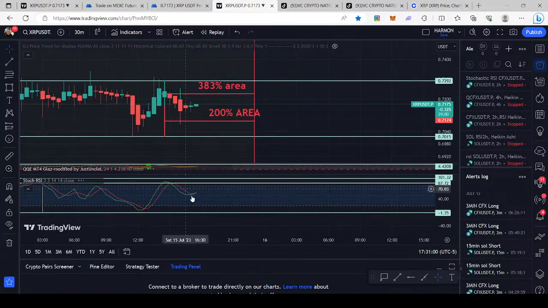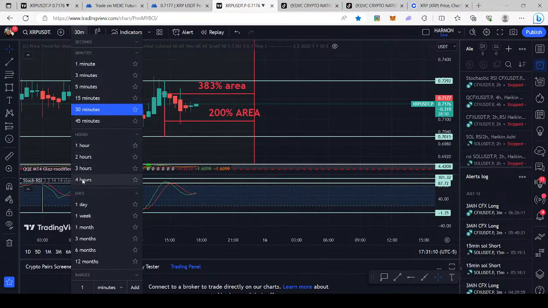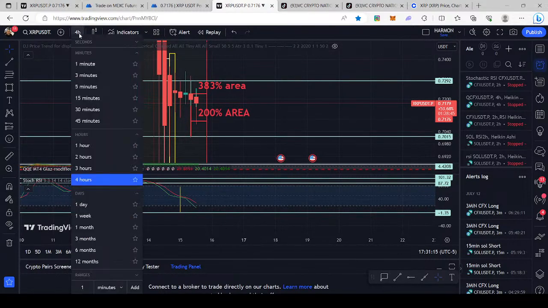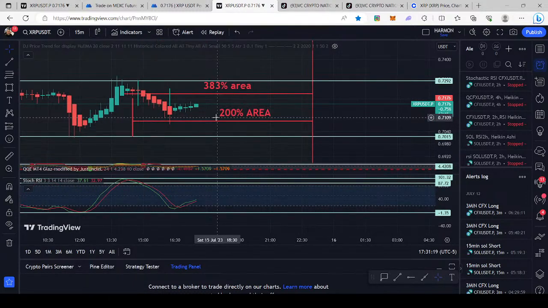And the 30 minute, when it gets to the top, wherever it gets to, then I would hit that area and I would short this down. So I would be looking to take one last short here, because the 4 hour is still bearish. Okay, the 4 hour RSI is still bearish. So we're still playing the trend, and the trend is short.